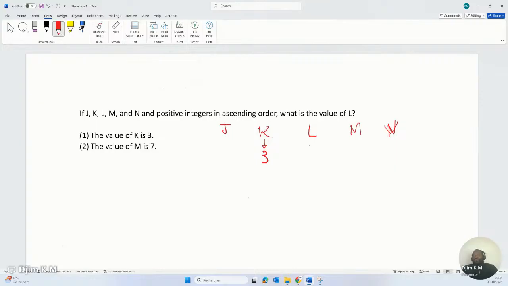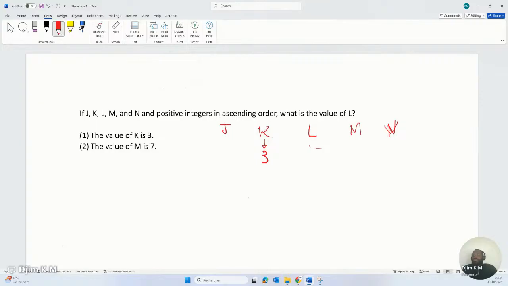But how can we find the value of L if we don't know the logic behind these values? Are they consecutive numbers, or do we have a sequence where the next number should be maybe the preceding number plus 2 or plus 4?